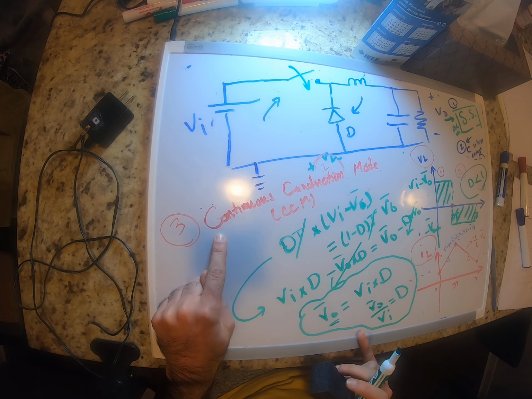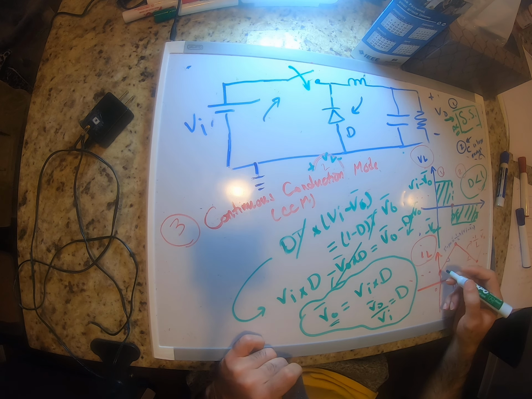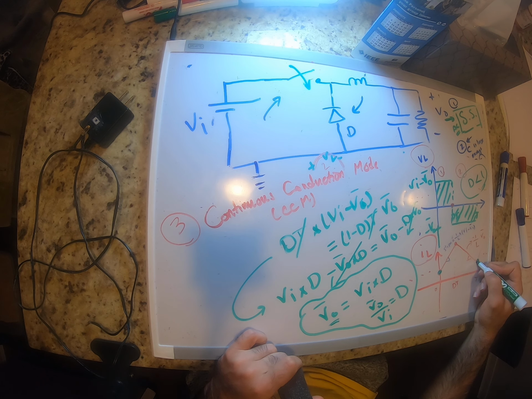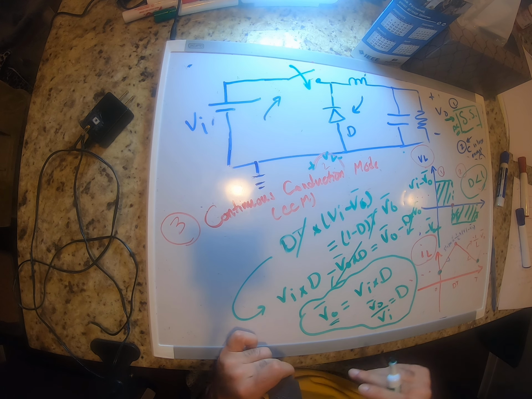If we are not in this mode, then this relationship is not going to be valid anymore. We did all this analysis based on the assumption that the inductor current never reaches 0. There's always current going through the inductor.